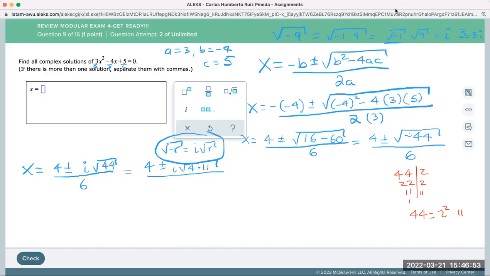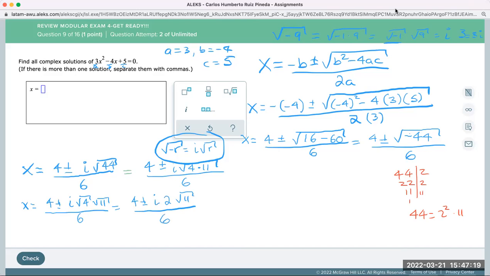And divided by 6. So x is equal to 4 plus or minus i square root of 4 times square root of 11, divided by 6. The square root of 4 is 2. The square root of 11, we leave it like that. And all of this divided by 6.